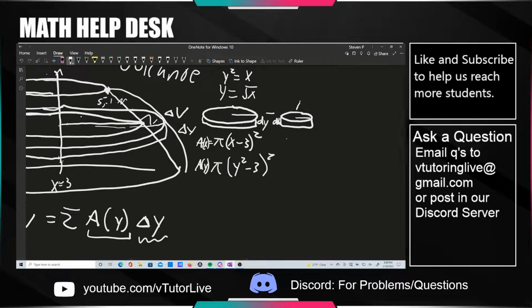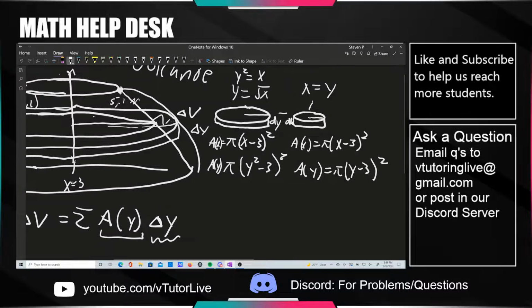So now we're going to do this exact same thing over here. This area with respect to x is equal to pi times x minus 3 squared as well. It's just that for this one, x is equal to y, right? So A of y is going to be pretty much the exact same thing. Y minus 3 squared. That makes sense?